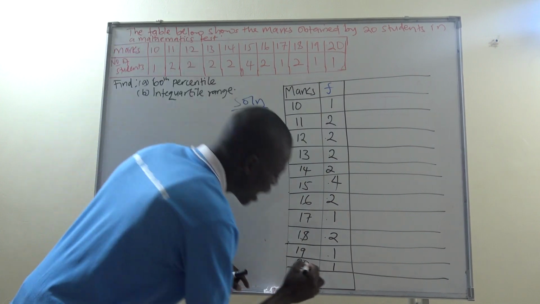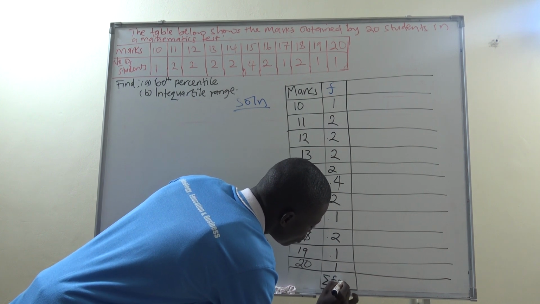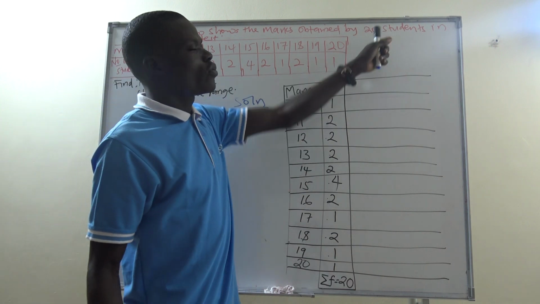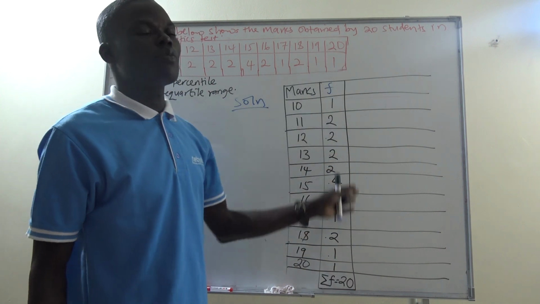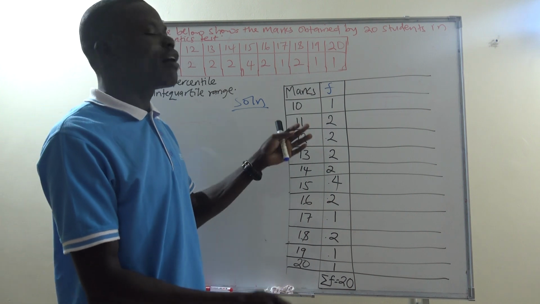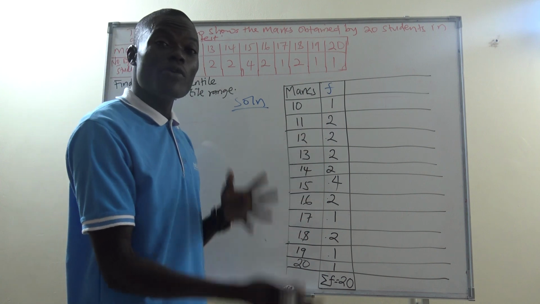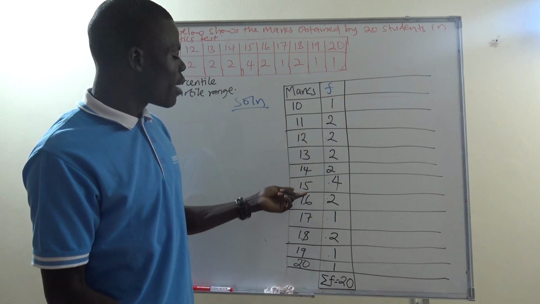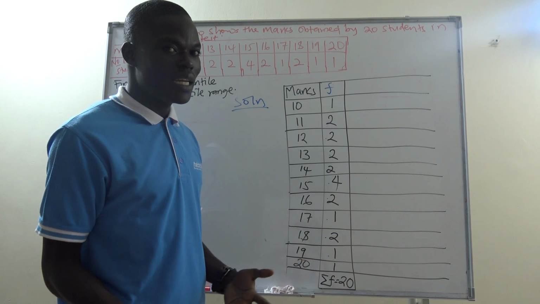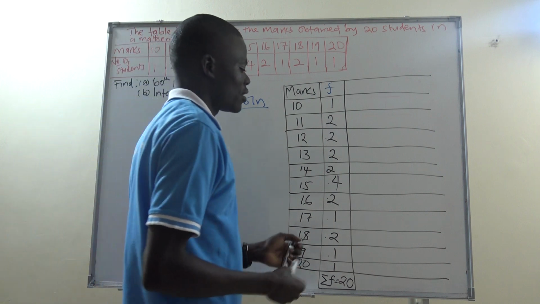So we are correct, and the summation of f equals 20. Since this number is equal to the other number, we have copied the frequency correctly, but you can also check that you have not interchanged values, because you may copy the frequency correctly but interchange it, and that will bring a wrong answer afterwards.